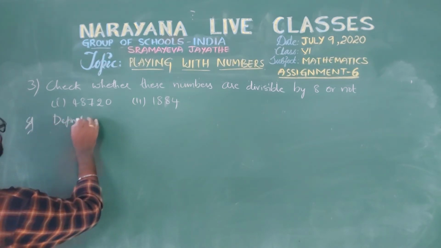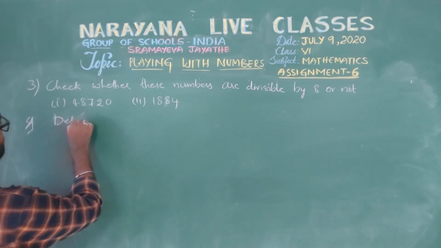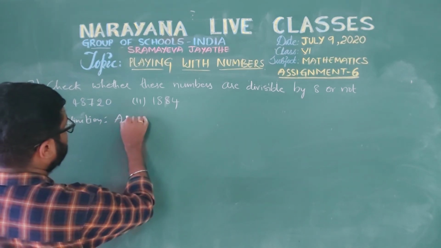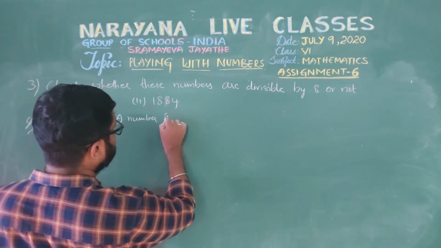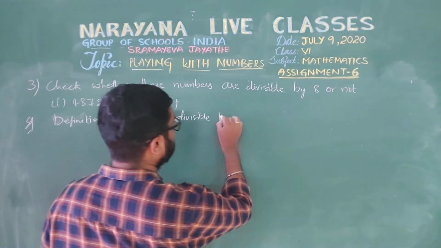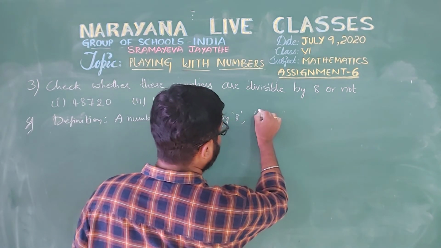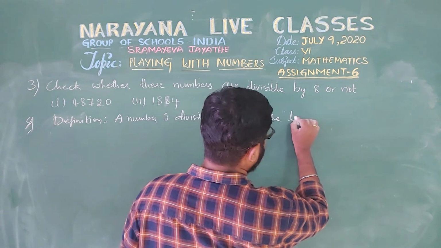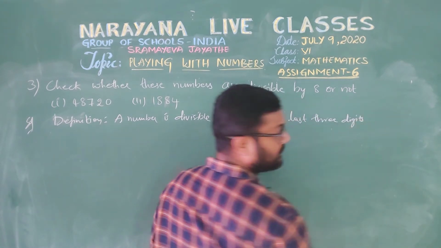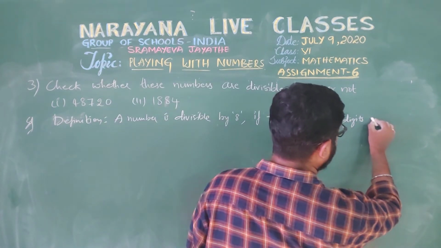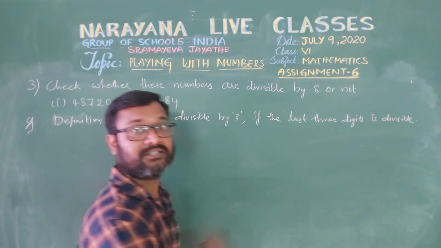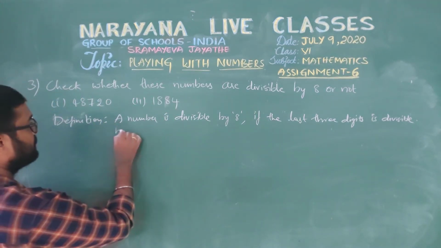Definition: a number is divisible by 8 if the last three digits are divisible by 8.